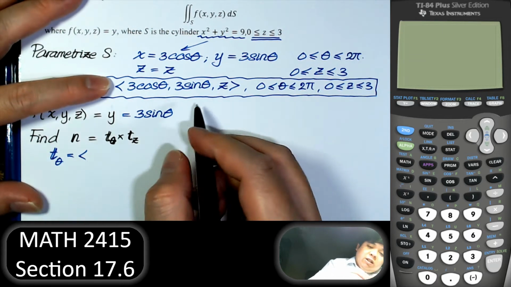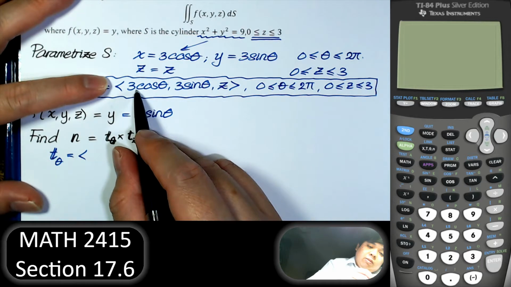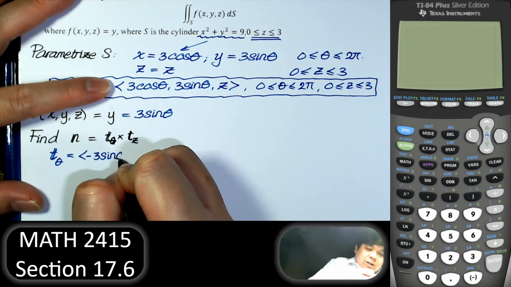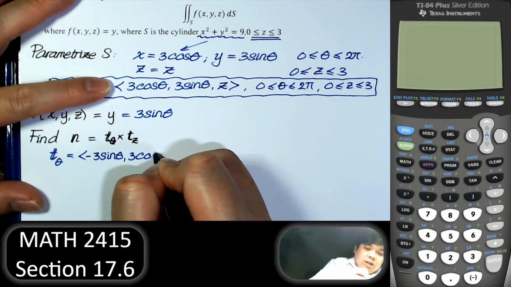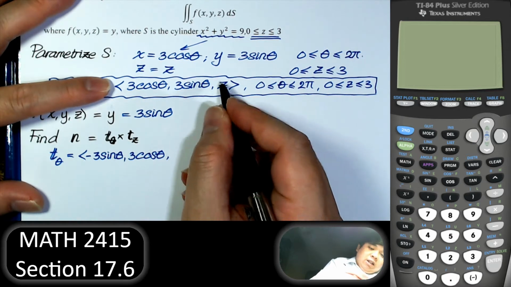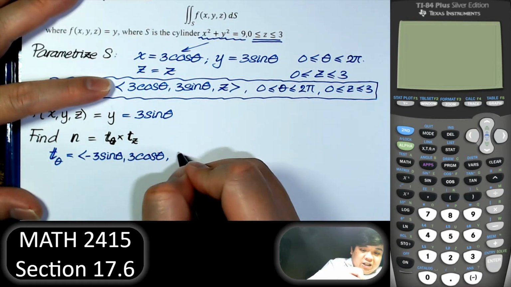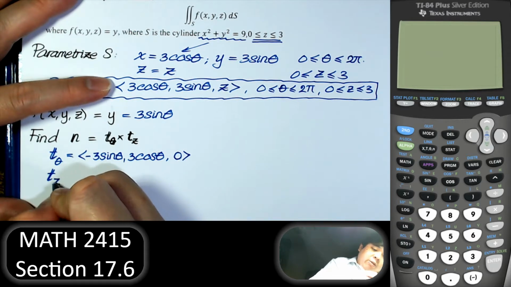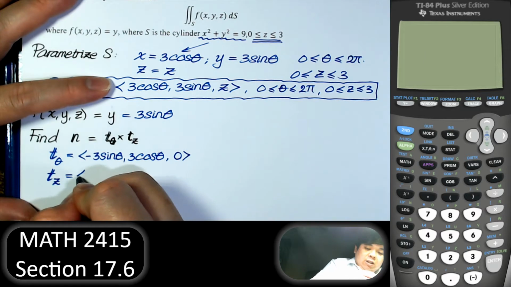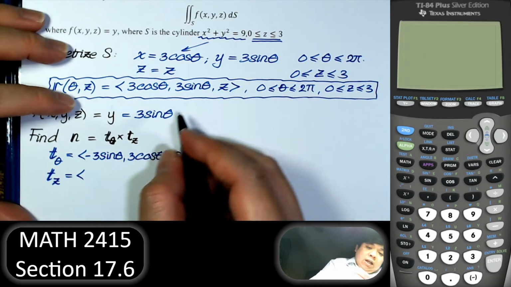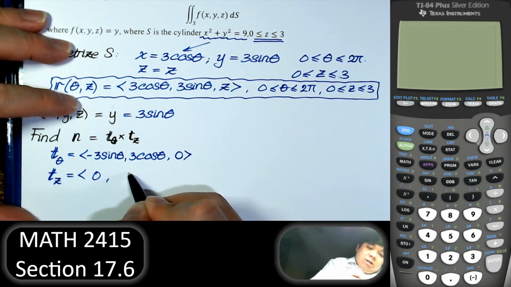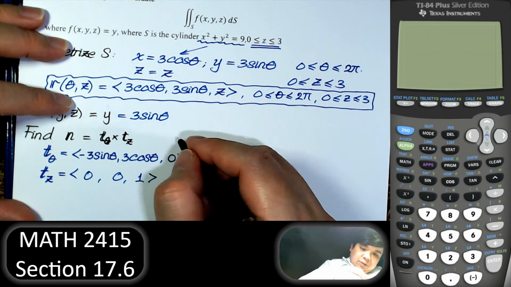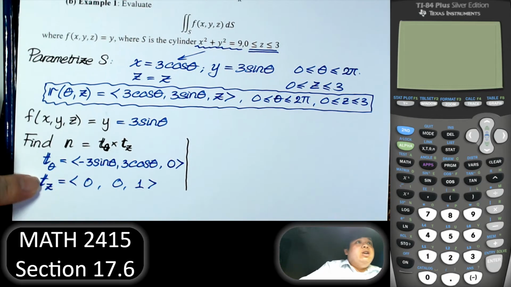We have what? Negative 3 sine theta, 3 cosine theta, and the derivative of z with respect to theta. There's no theta there, so 0. The derivative with respect to z will be 0, 0, and 1. So we find the tangent vectors.